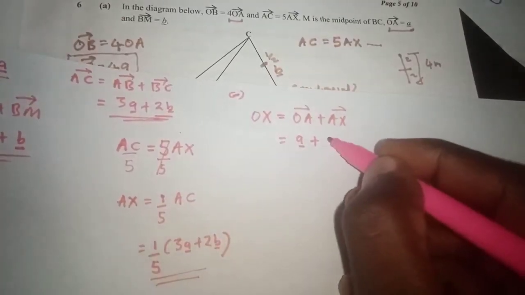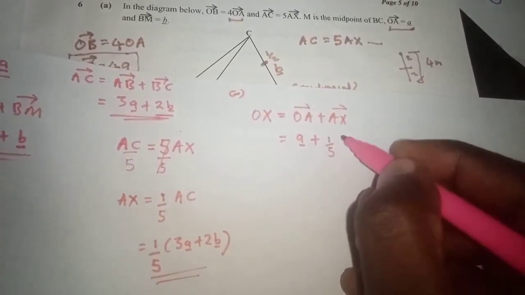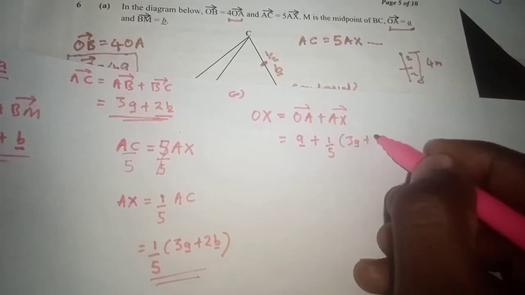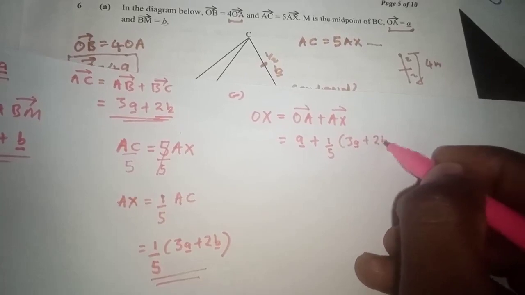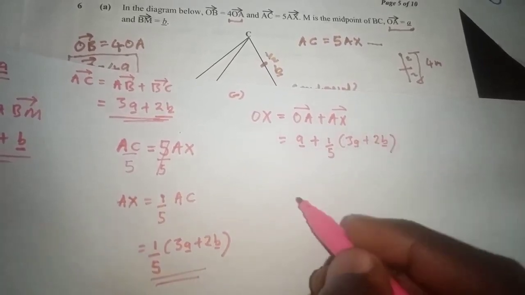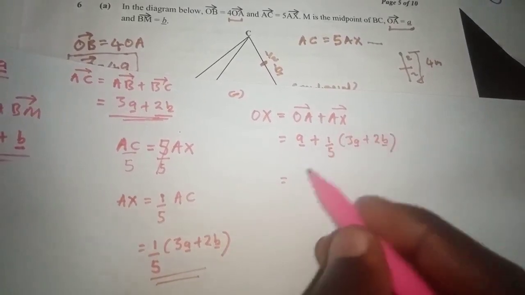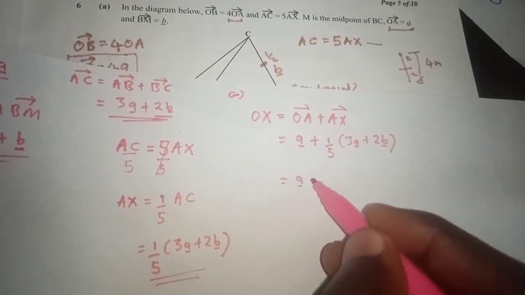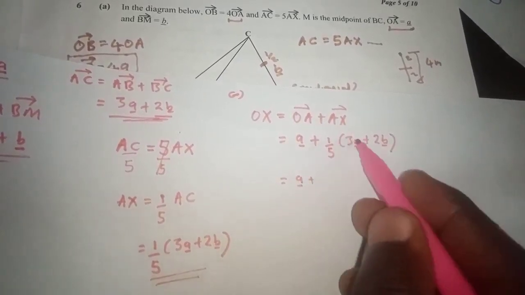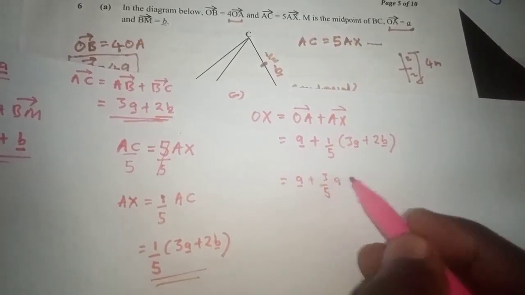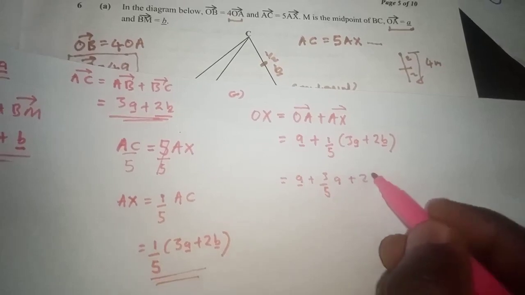We said it is 1 over 5, 3A plus 2B. So now we can expand this. This is going to be A plus 3 over 5 A, then plus 2B.